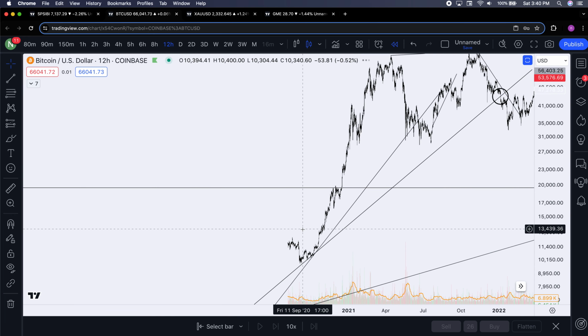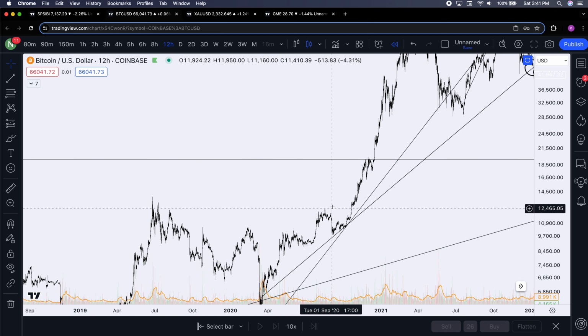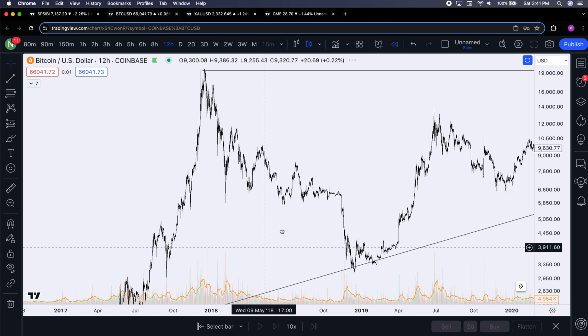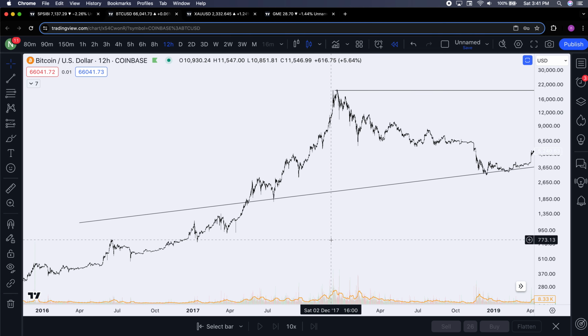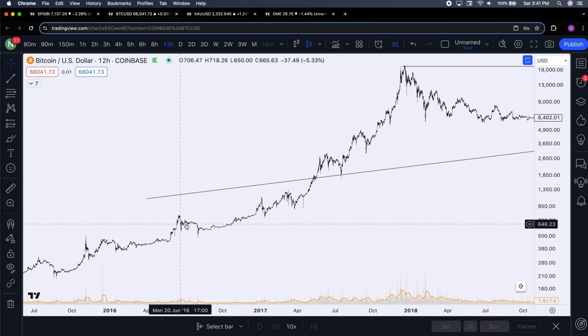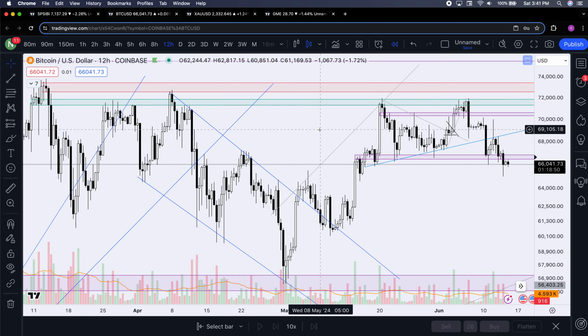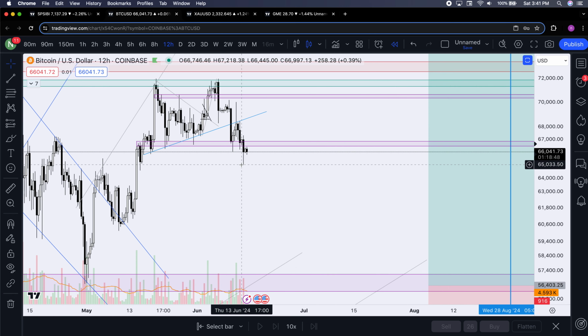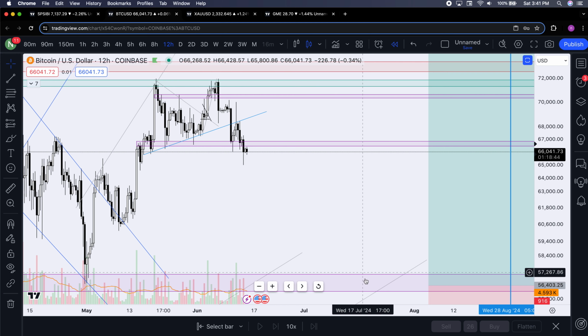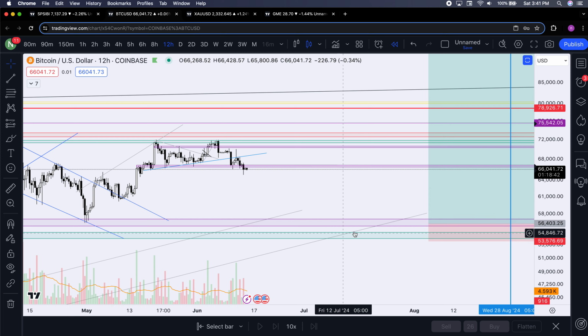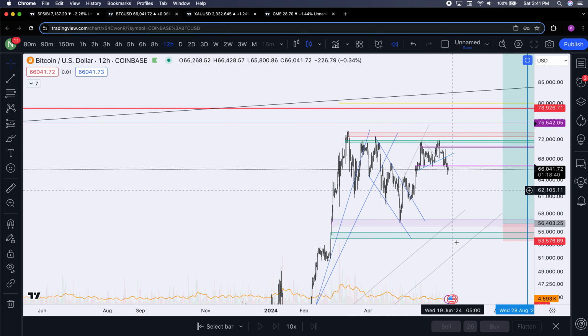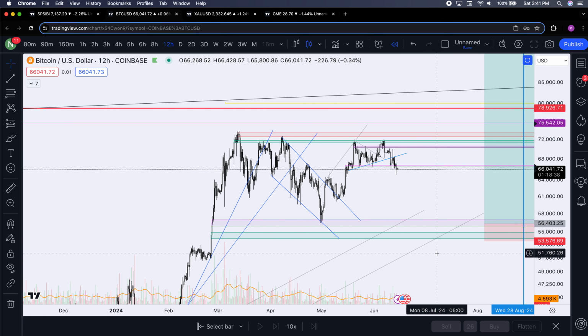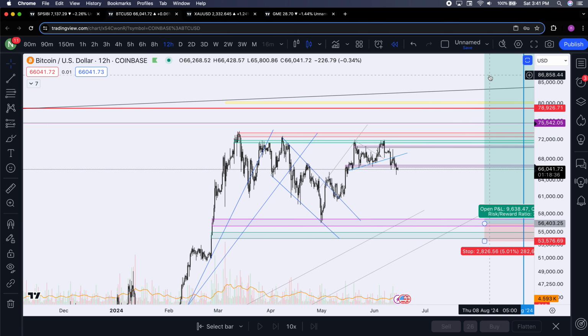But also at the same time right here, and right here. So I know where we're at on the macro. I know we're going to have a quick little push up, but then ultimately a sharp drop back down to around this area right here, possibly even lower, but I think we're going to head to 56K and then head up from there.